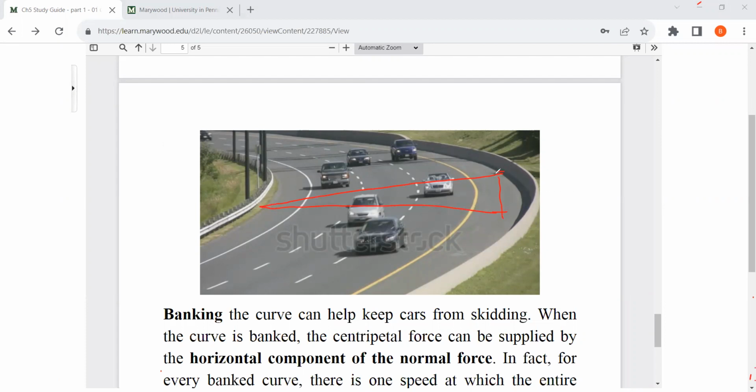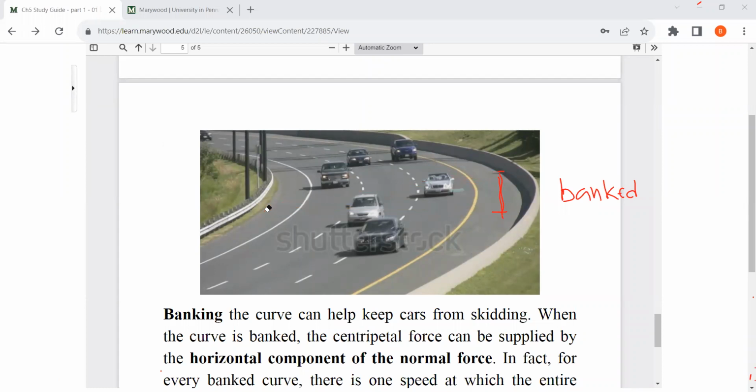The outer side is raised a little bit compared to the inner side. So if we have a highway turn like this, it's called a banked turn. And if it is flat, we call it unbanked.